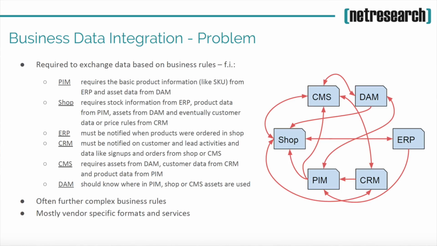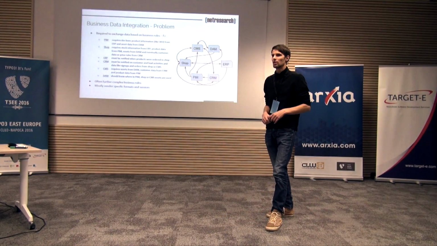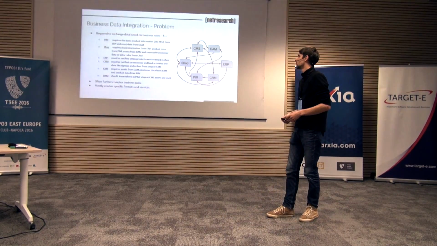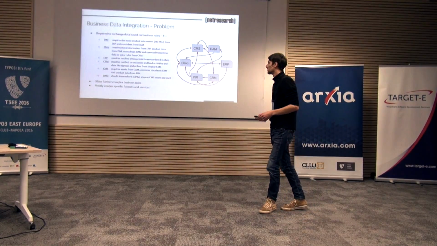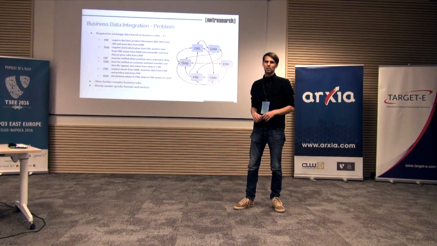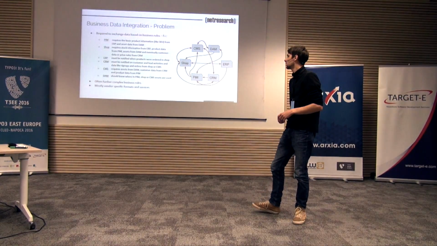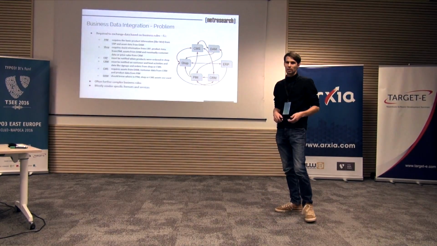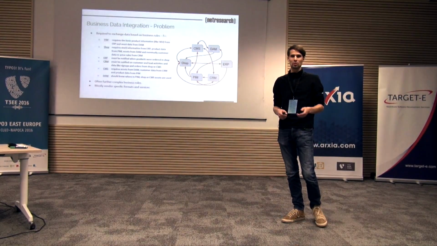Now we have all those kinds of systems, and usually they have to speak with each other in some way. And how they speak with each other is usually based on certain business rules, which could look like, for instance, the PIM needs the basic product information from the ERP, and assets from the DAM, and the shop needs the product information from the PIM, but it also needs the stock information from the ERP.